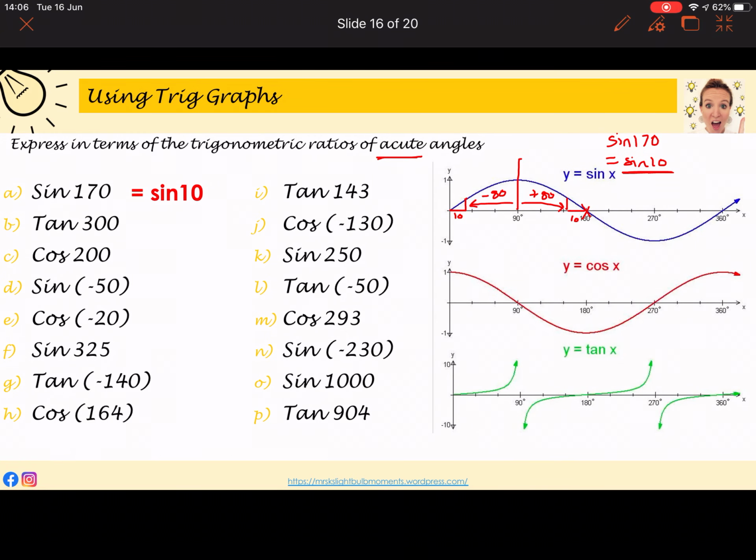Okay, have a go at some of these. I'm not expecting you to do all of them, but again, they're there in case you want to practice this, because I know it's one of those tricky topics. So choose a few, some sines, some cos, some tans, some negatives as well. Have a go.